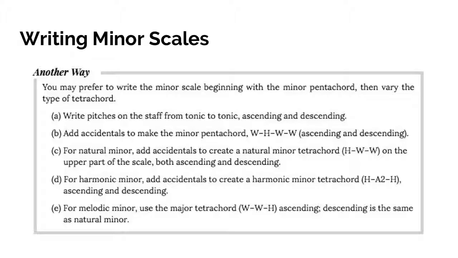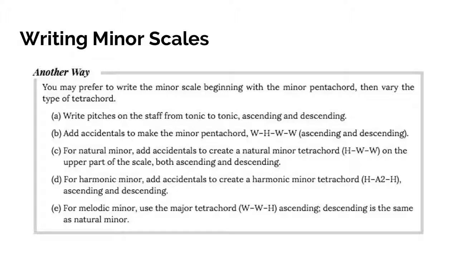And as other ways you can think about it, let's say, for example, you need to write a D minor scale, think about its key signature. So it's D minor, so its relative major is F major. So you would for sure need one flat if you're writing the natural minor scale.